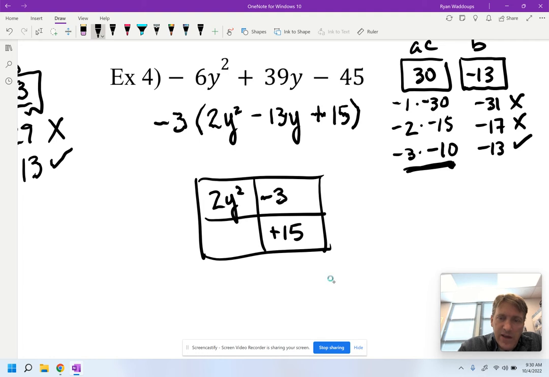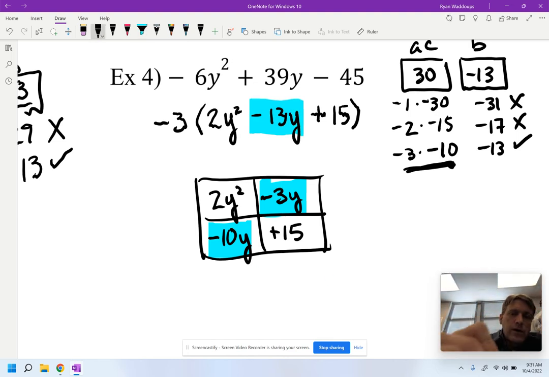So that's negative 3y and negative 10y, because negative 3y and negative 10y are the same as negative 13y when I add them together. So 2y squared minus 3y, factor out a y. Negative 10y plus 15. I'm going to factor out negative 5.